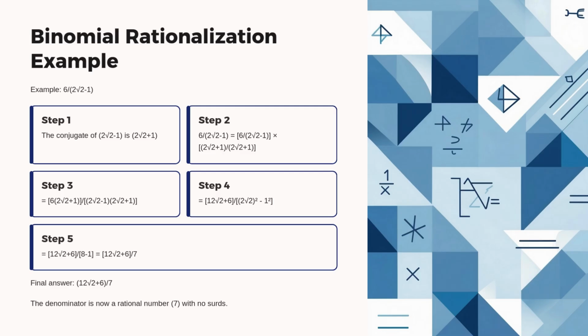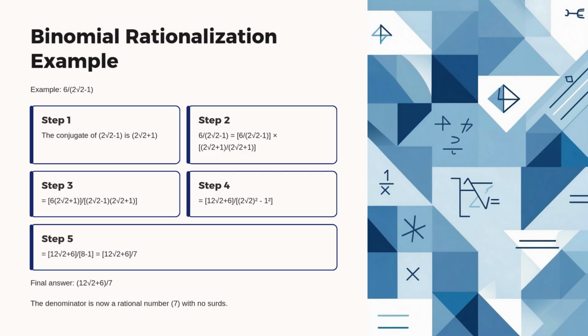Step 2. 6 divided by (2√2 - 1) equals (6 divided by (2√2 - 1)) times ((2√2 + 1) divided by (2√2 + 1)).